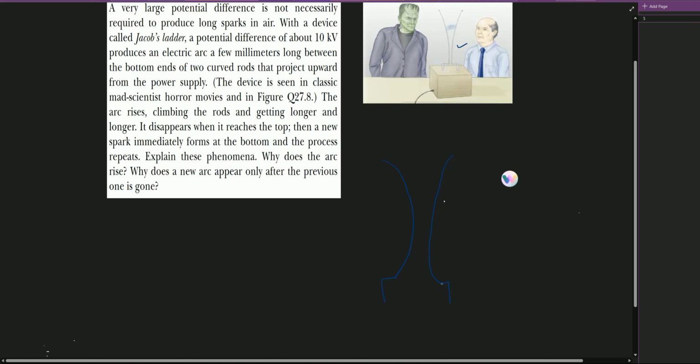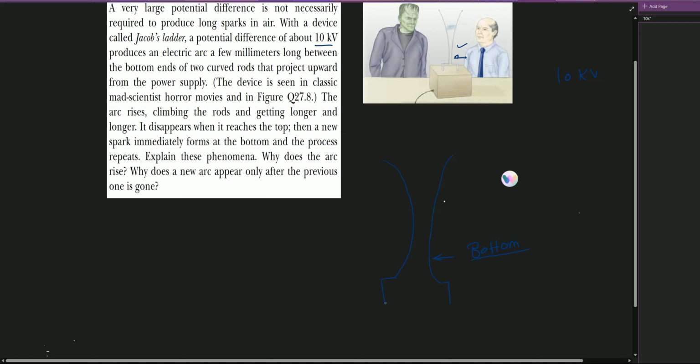Now what happens is, if you apply something like 10,000 volts at the bottom part, which is this, the bottom part of your Jacob's ladder.